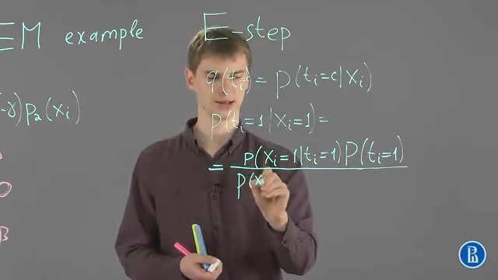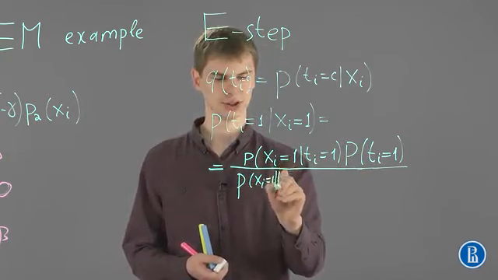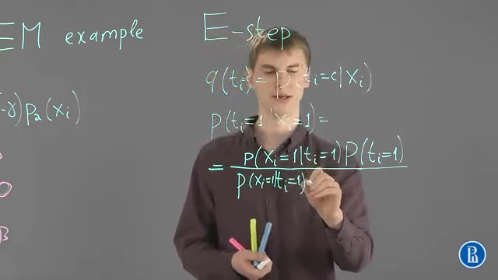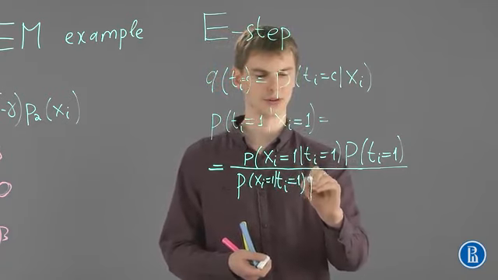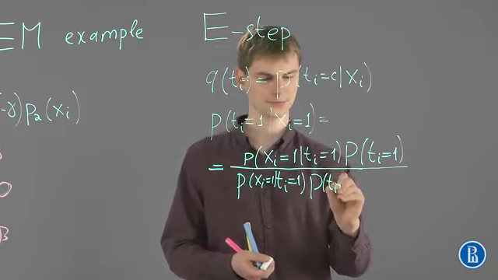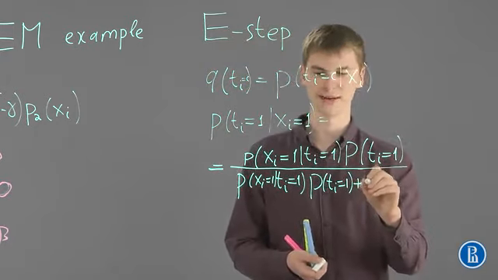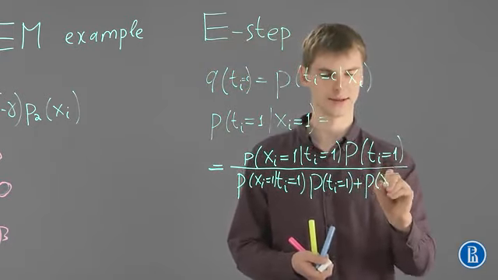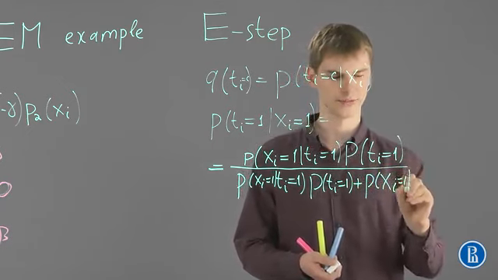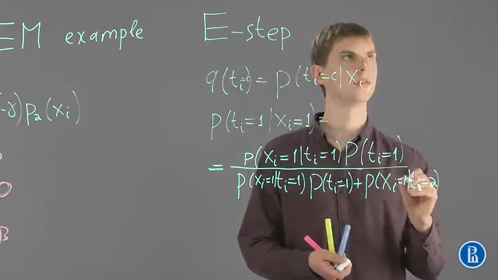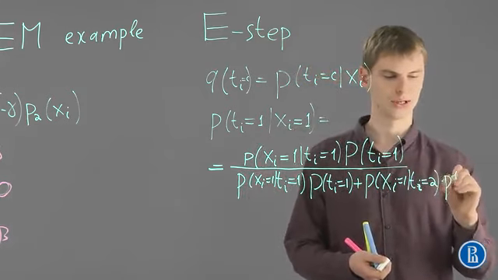So probability of xi equals 1 given ti equals 1, the same thing as in the numerator, times the prior, plus the same thing for ti equals 2. So P of xi equals 1 given ti equals 2, times the prior, P of ti equals 2.